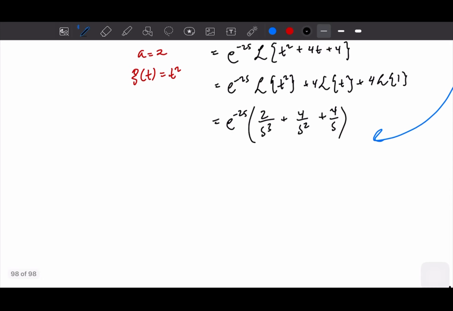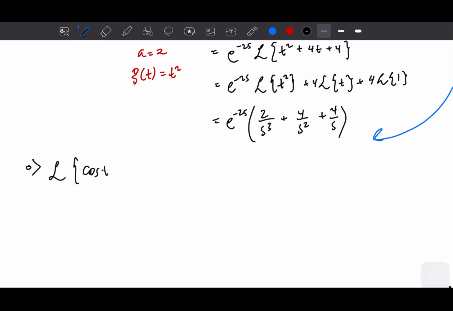Let's say we have a Laplace of cosine t and then Heaviside t minus pi.